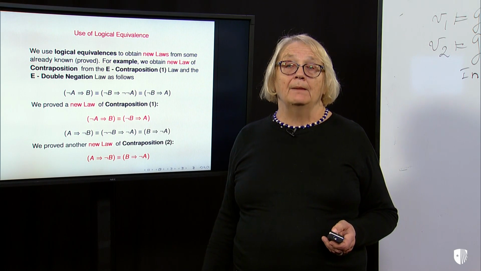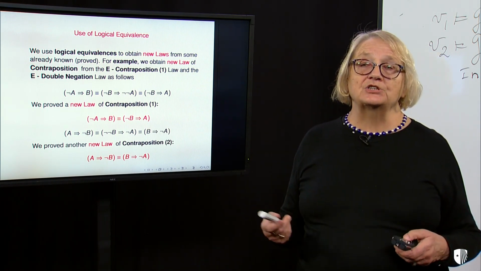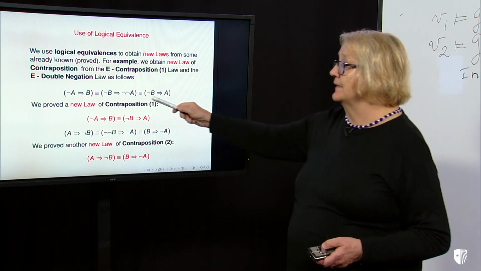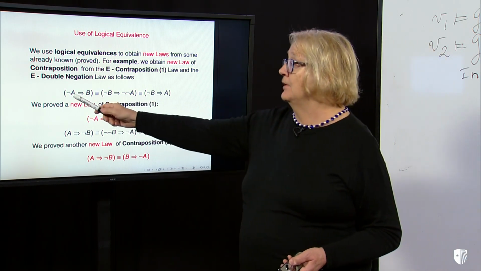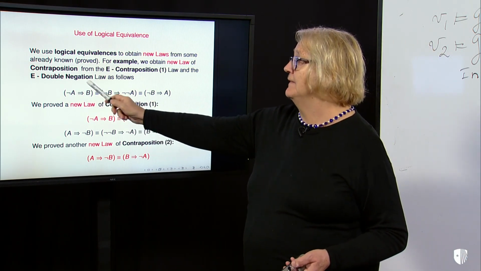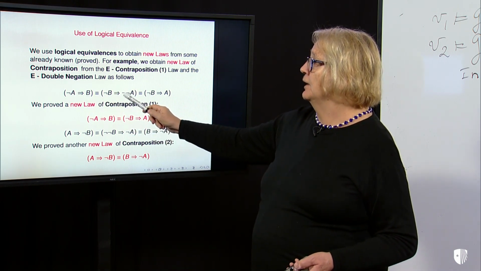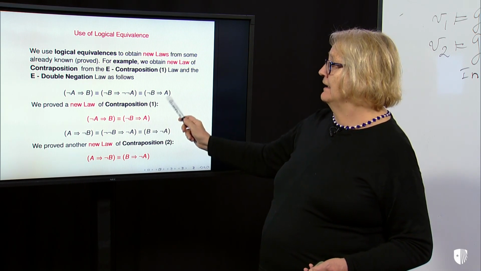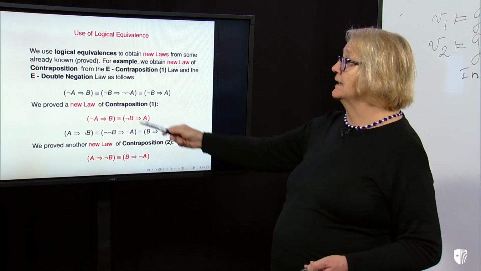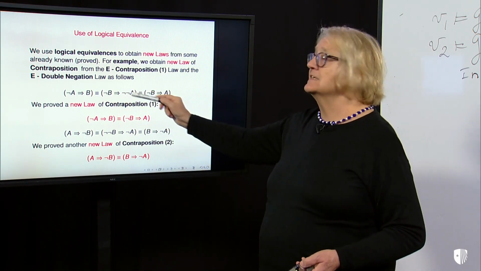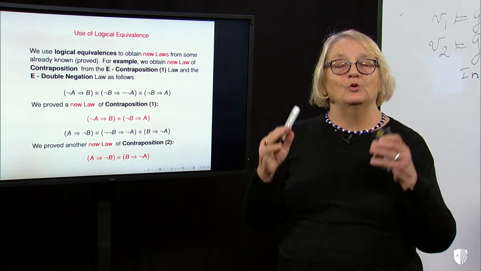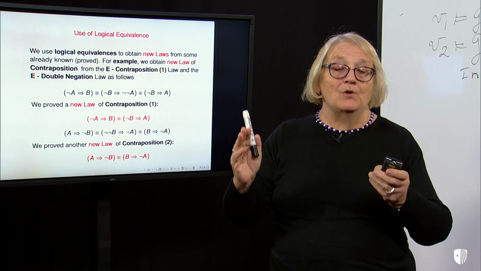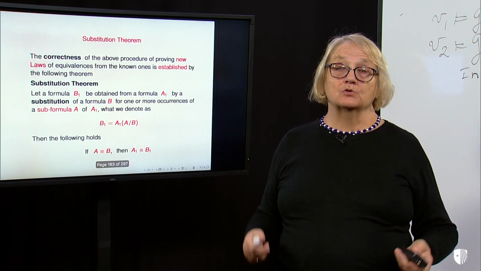Why do we do it? Because we can just use that notion of logical equivalence. We can write something like that: A, not A implies B is logically equivalent to not B, not A. Now not not A is A, so I can have a new contraposition law, etc. You can treat this as equality, which you cannot write for an if and only if connective. So it's very useful.